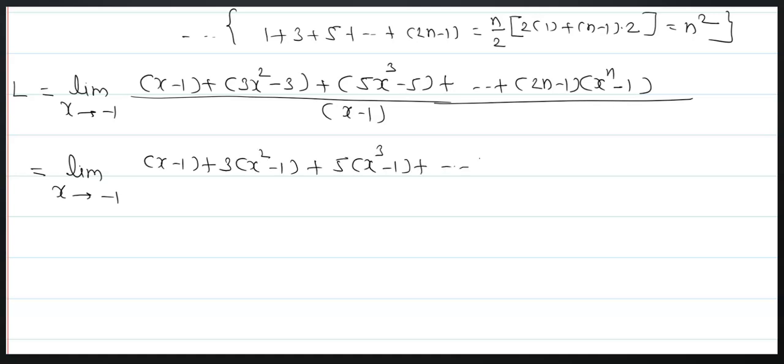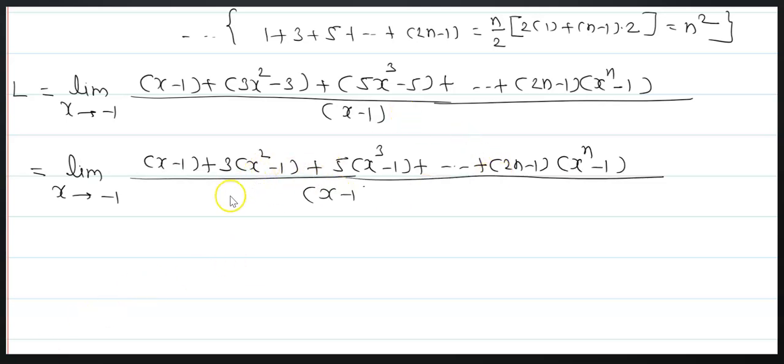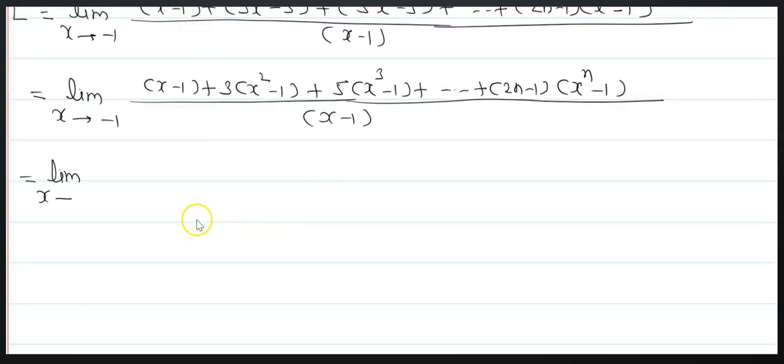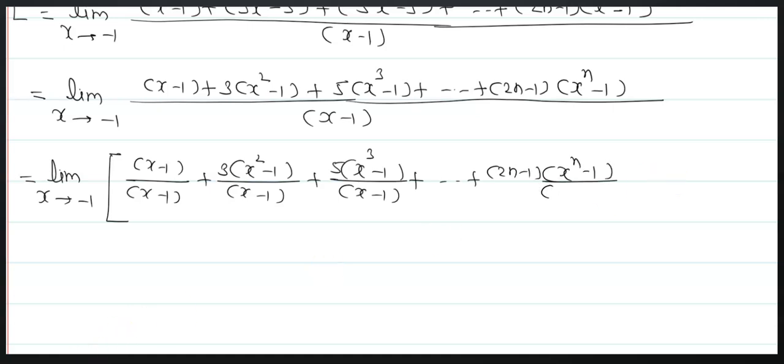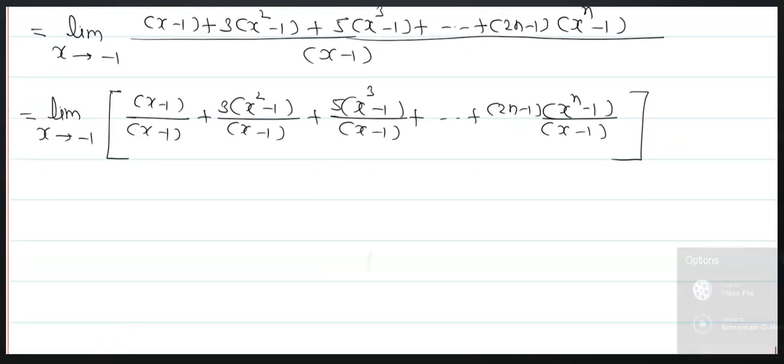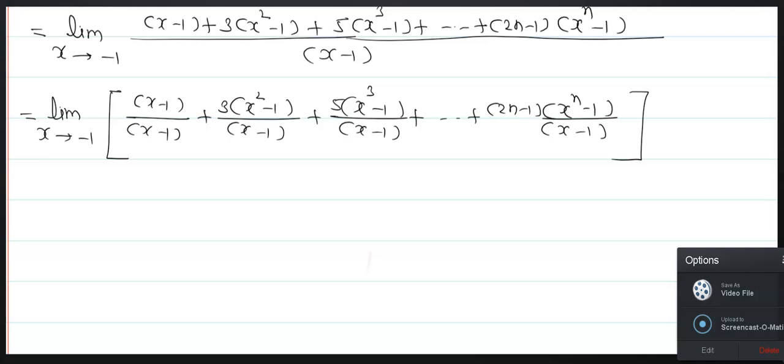That is, if we take the 5 common, 3 common, upon x minus 1, split it up. You can see this here.